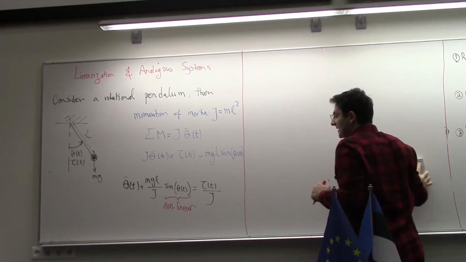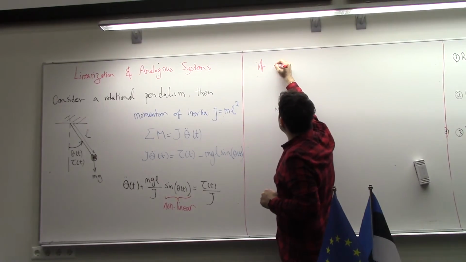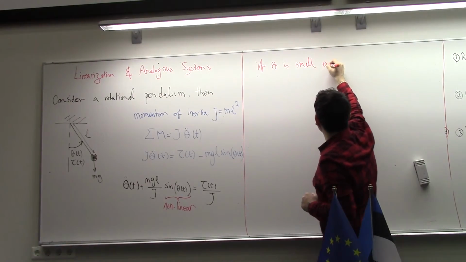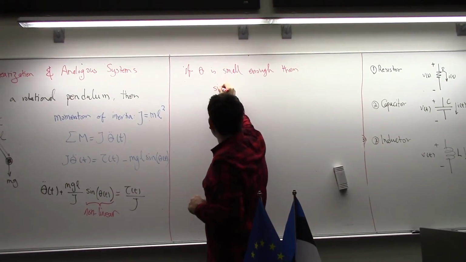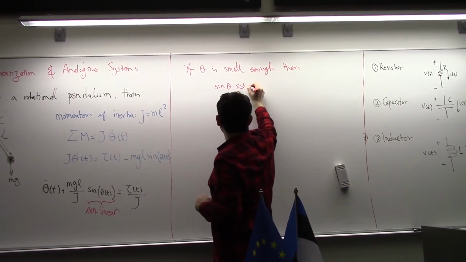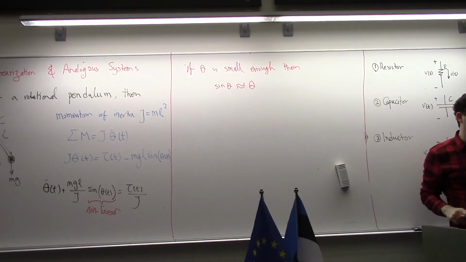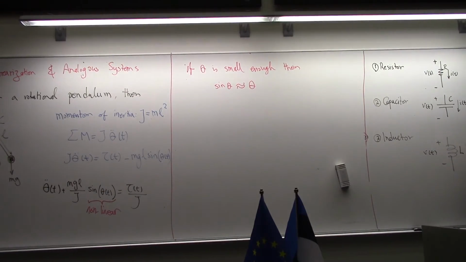So what we do is this. We know if theta is small enough, then we have sine theta is approximately equal to theta itself. And what is the meaning of small enough, Abdulaziz? It means that if the angle is less than 6 degrees, if you write it in radian, you will see that the sine theta and the theta is almost the same with a good approximation.